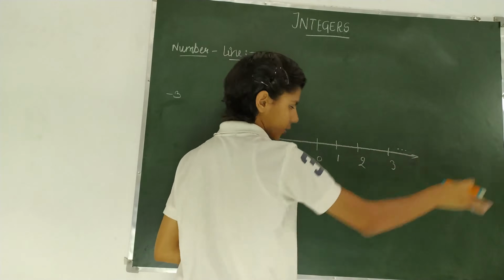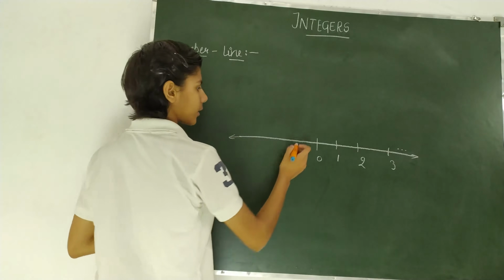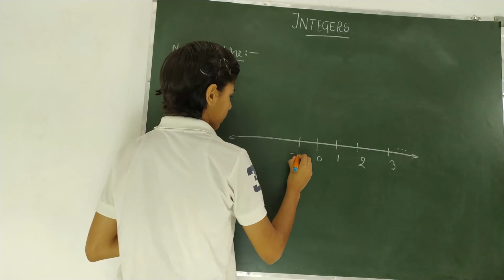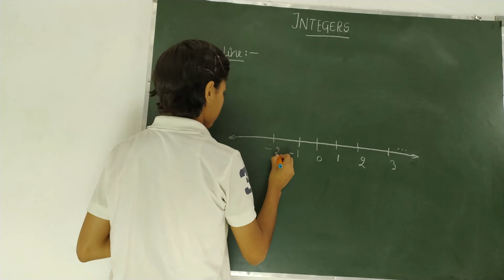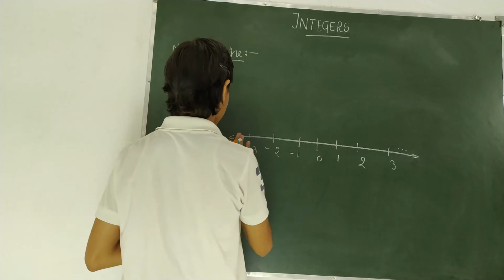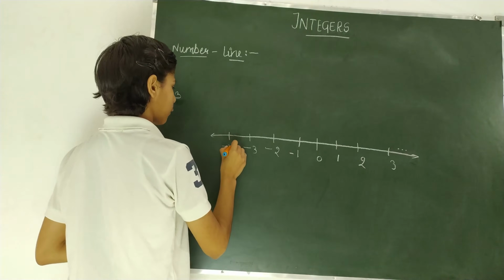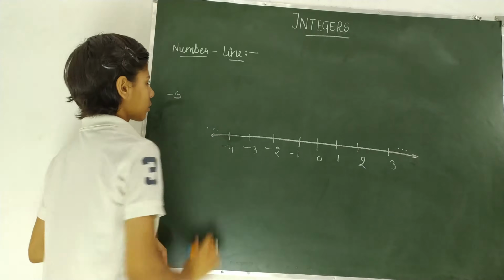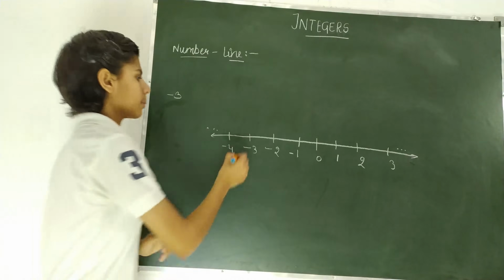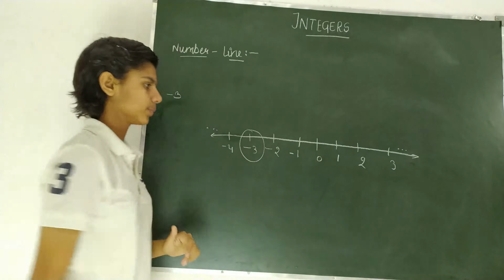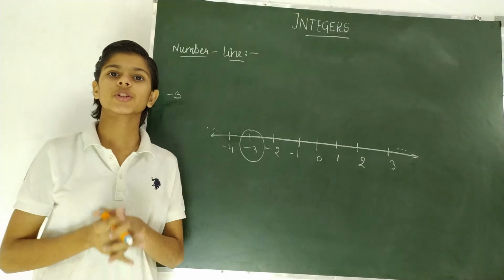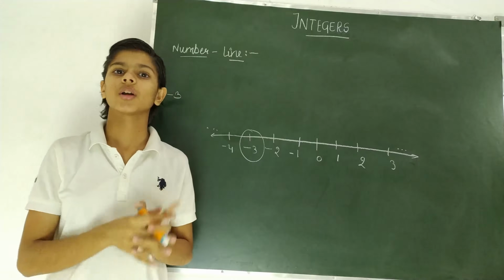It shows that it extends till the last. And this side are the negative numbers, -1, -2, -3, -4 and so on. We want to represent -3, so simply we will circle it.